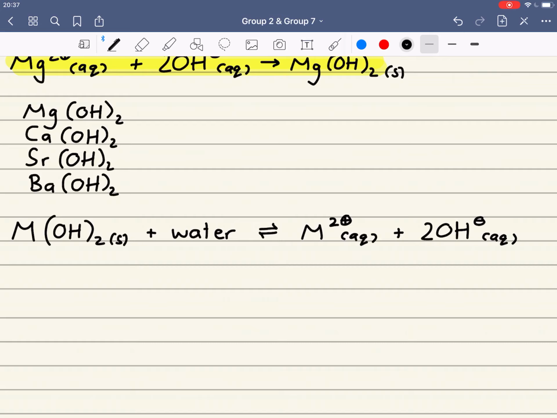So what that means is that as you go down group 2, the concentration of these hydroxide ions in solution will increase.